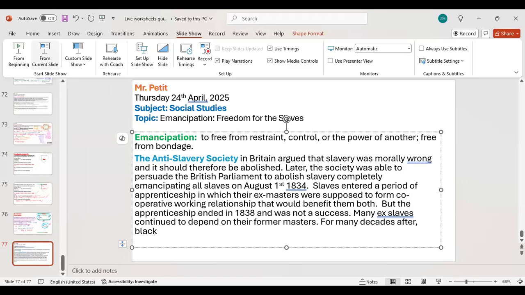For many decades after, blacks did not enjoy the same rights and advantages of their white former owners. Okay.